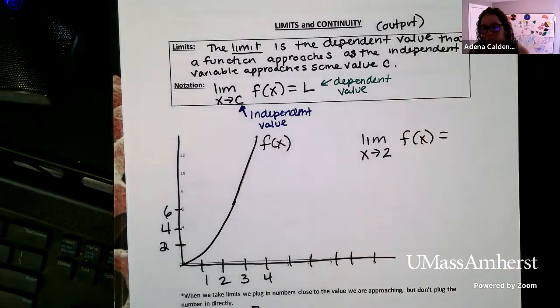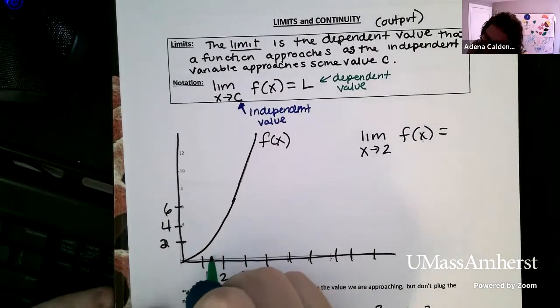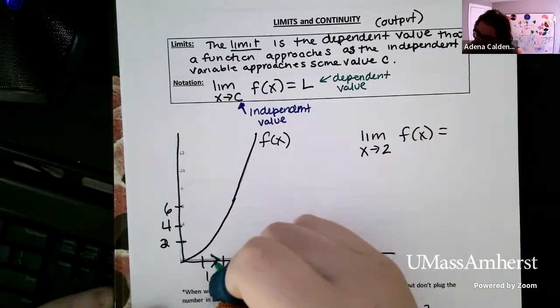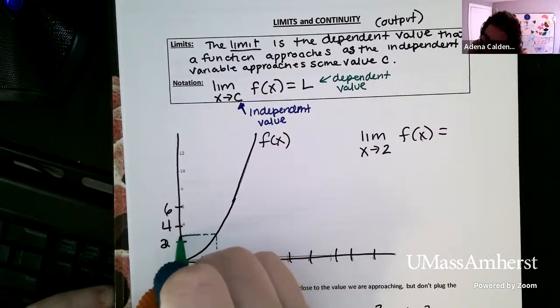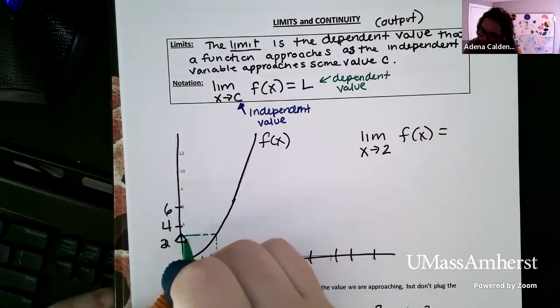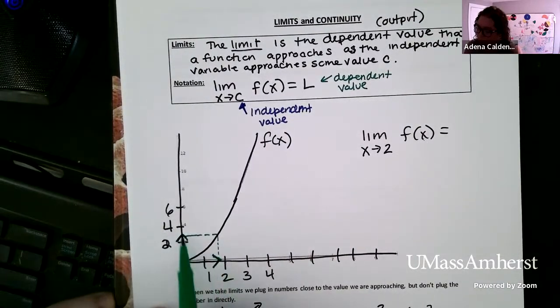You can get close to 2 from the left side or the right side. If we are getting close to 2 from the left-hand side, what we see is that we're moving up the y-axis as we move closer to 2 here.